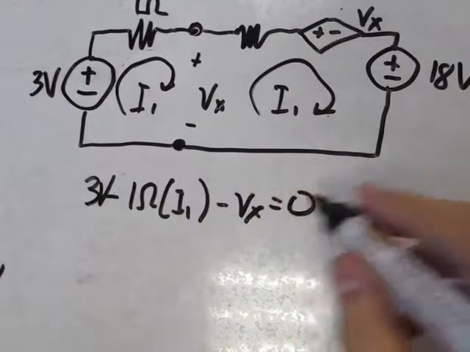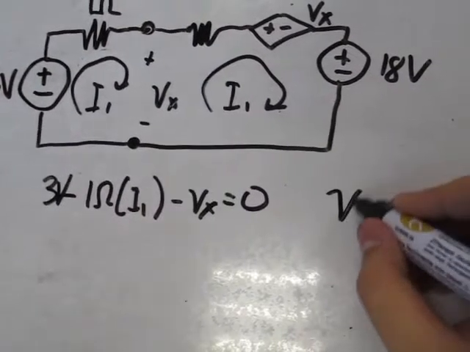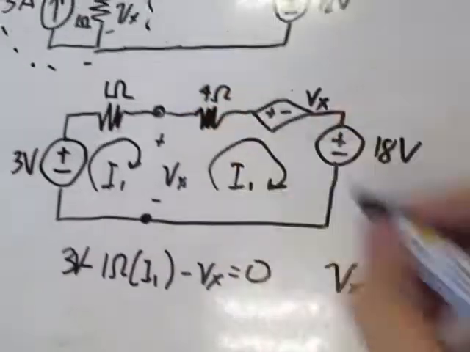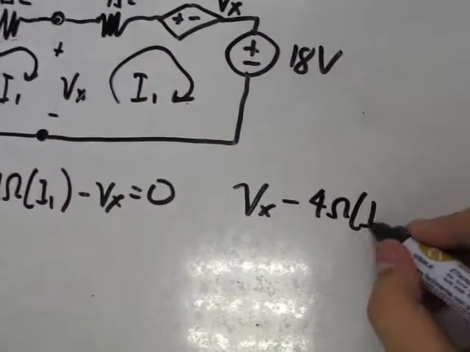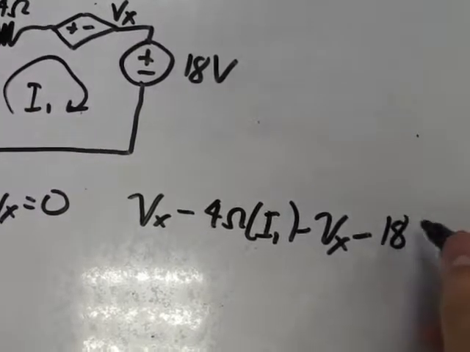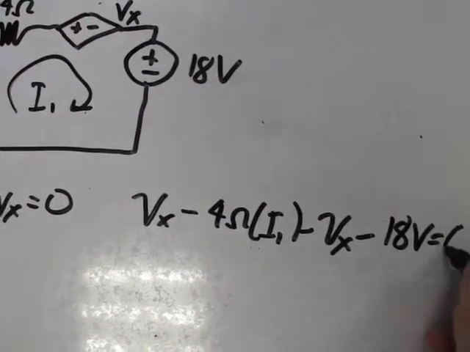For the other loop, we have Vx minus 4 ohms times I1 minus Vx minus 18 volts equals 0.